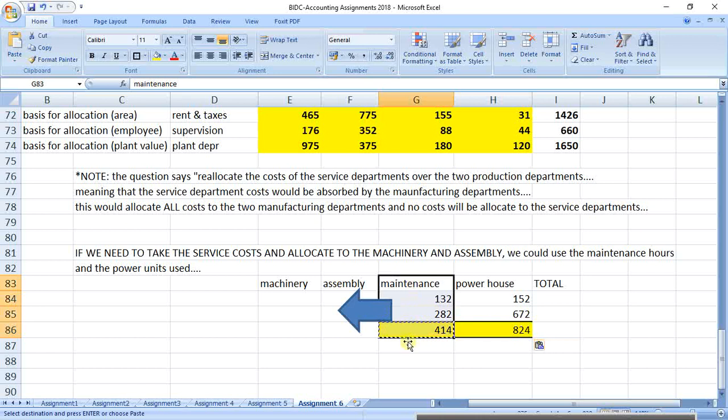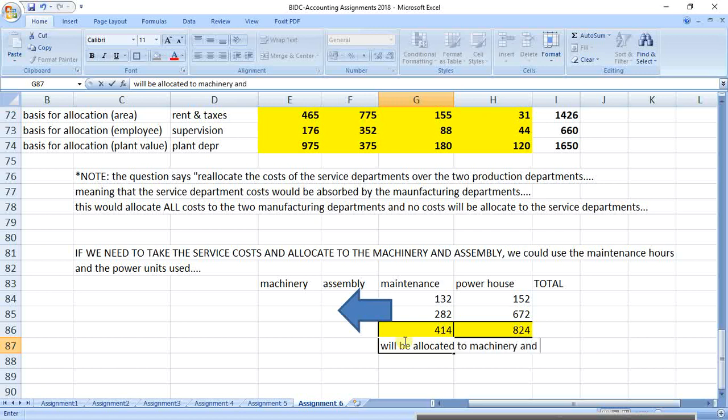Do you agree maintenance will be allocated to machinery and assembly based on, since this is looking at maintenance, maintenance hours. Do you see that?